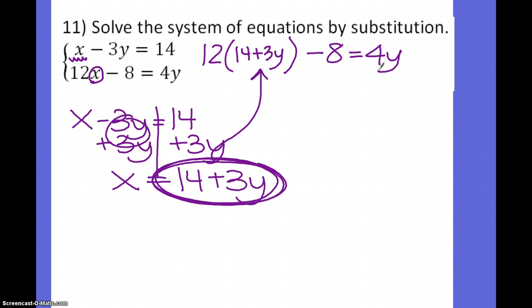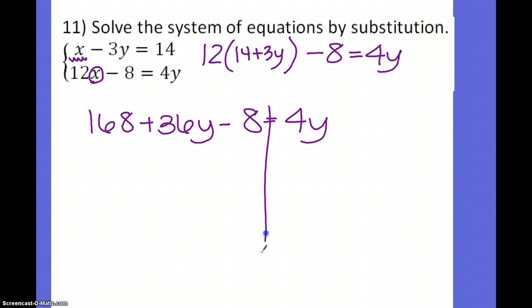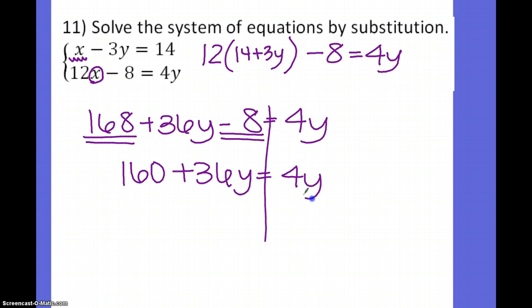Distribute 12. I had to get more room, so now if I distribute 12, I get 168 plus 36y minus 8 equals 4y. And from here, I could combine these like terms right here. 168 minus 8 is 160 plus 36y equals 4y.